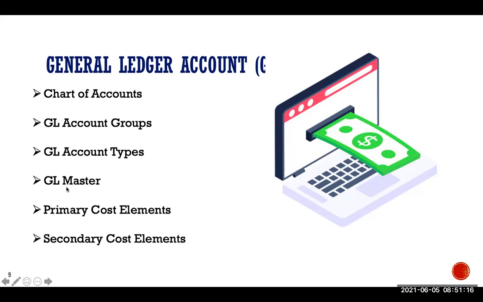All your operating GLs, we call it a cost element. I will let you know what is operating and what is non-operating when it comes to the system definition. For now, it's okay. So the cost element has two different kinds, one is primary and the other is secondary. You will see what this difference is when it comes to the proper controlling side. For now, understand there are two kinds of cost elements available.